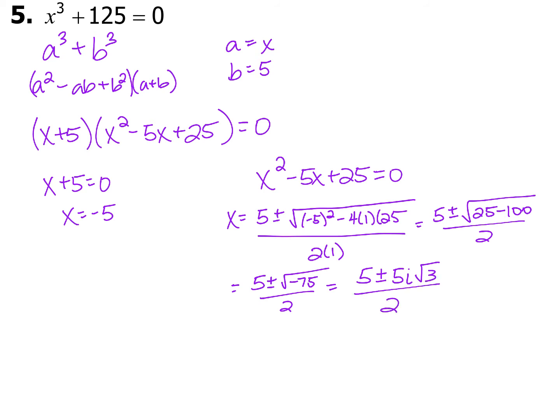This cannot be simplified, so I leave it because it's already in simplest form. And for my solution set, x is equal to -5, and 5 plus or minus 5i root 3 over 2.